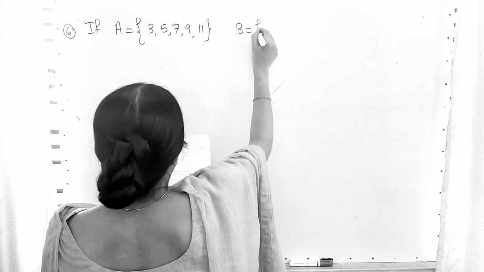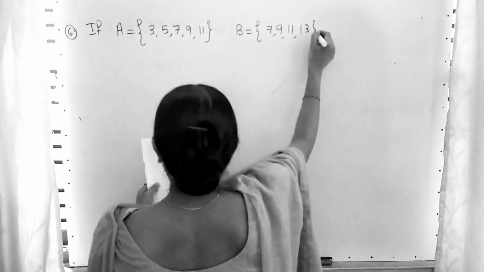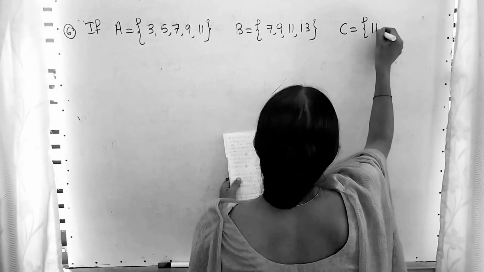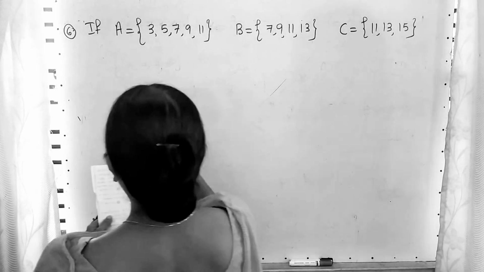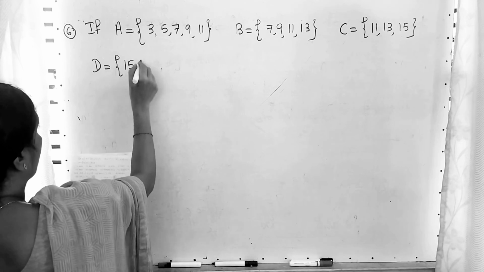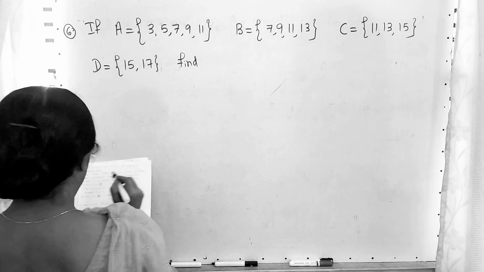B is equal to 7, 9, 11, 13. C is equal to 11, 13, 15. And D, yes, here also 4 sets are given, 15, 17. Find the following.